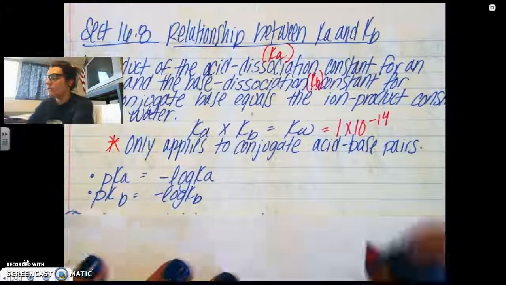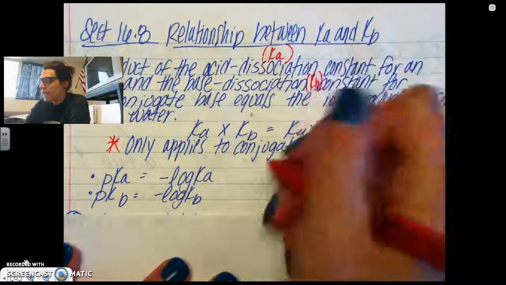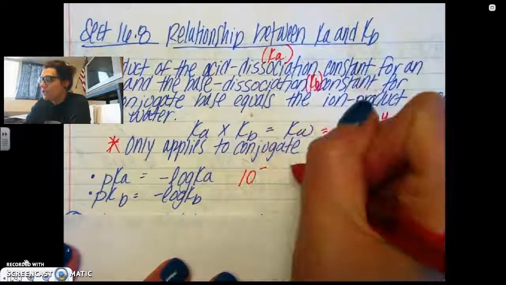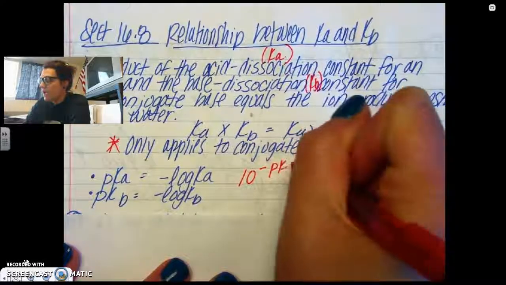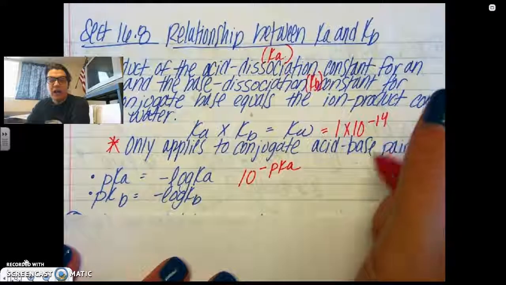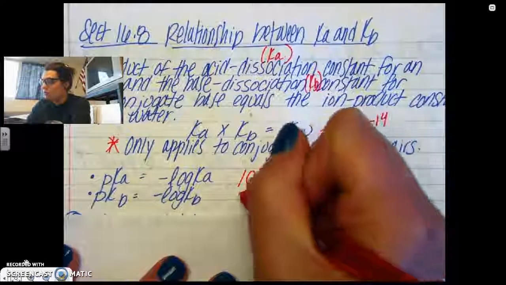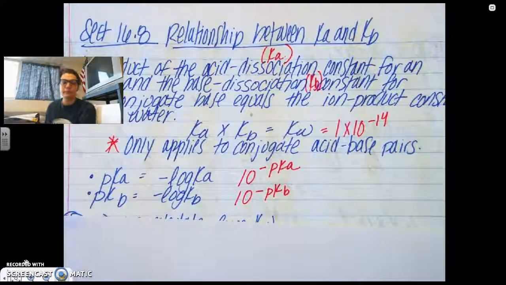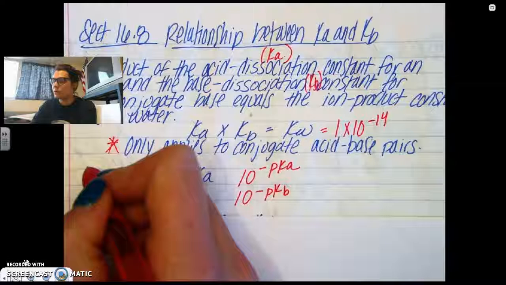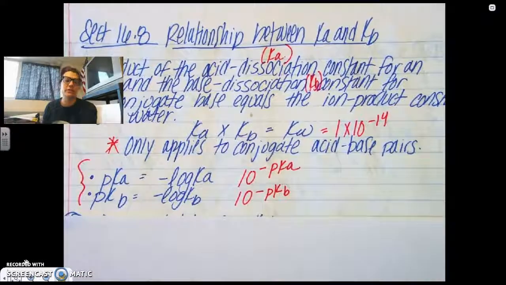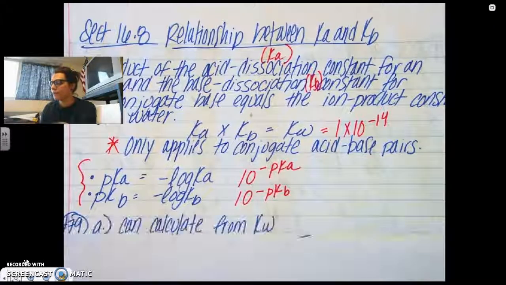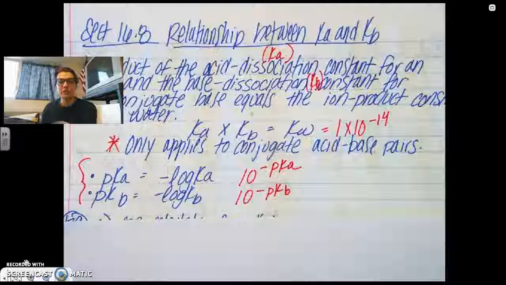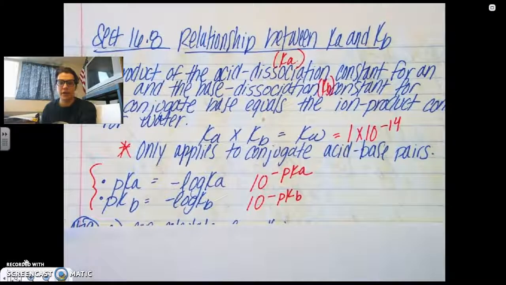Which then means to find the Ka, you would do 10 to the negative pKa, or to find Kb, you would do 10 to the negative pKb. And just keep that in mind because we'll come back to this when we go more into weak acid-base titrations.